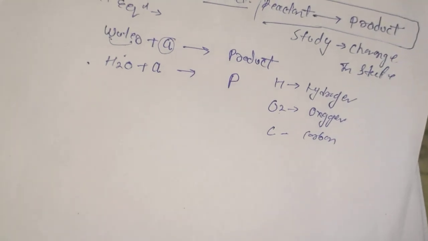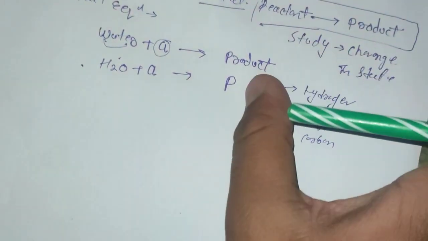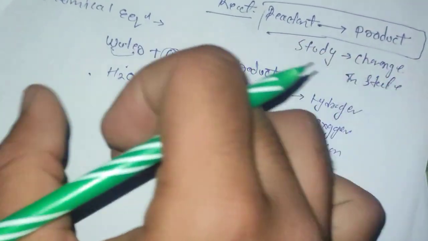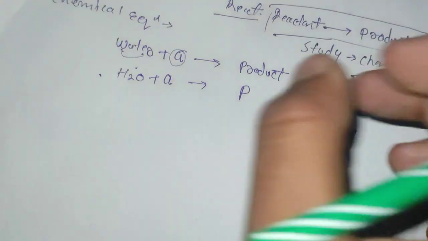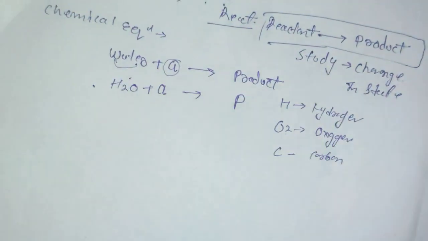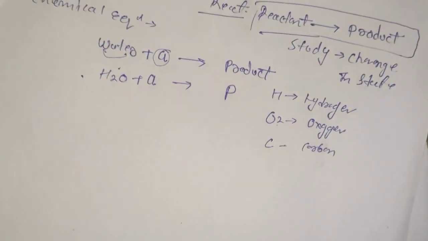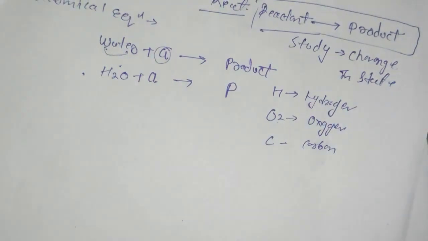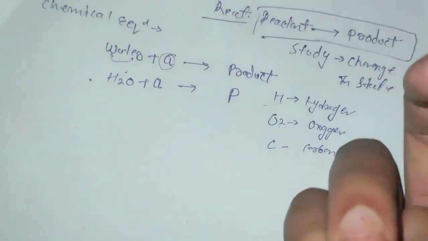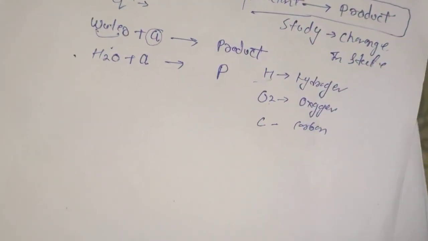We introduce the whole term in a single symbol, so instead of writing that hydrogen reacts with oxygen and carbon to give a product, we use the symbols H, O, A, B, C, etc.